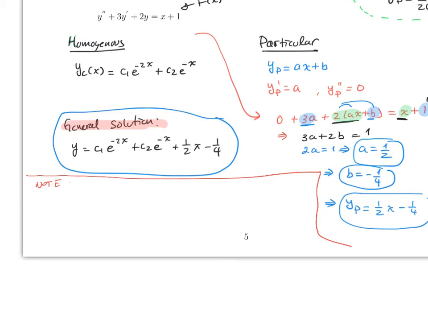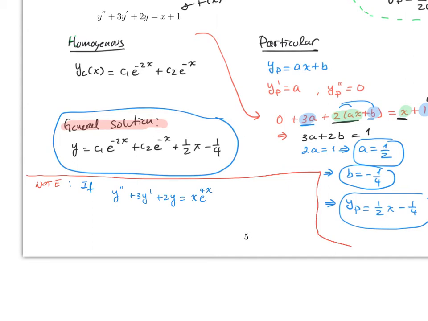Okay, so if, it's a big if. So let's say that the equation was y double prime plus 3y prime plus 2y equals x e to the 4x.